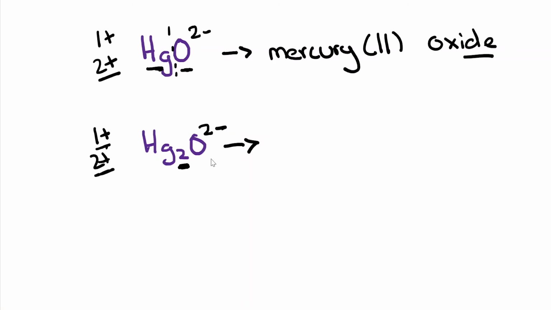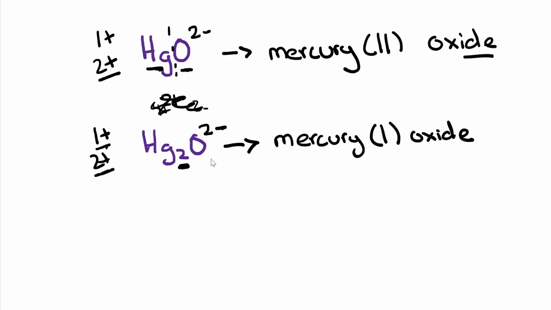Because if you had the 2 plus, you'd have a 4 plus charge and a 2 minus charge, which gives you an overall 2 plus charge. The compound's supposed to be neutral. So if we have 2 1 pluses, that gives you a 2 plus in total, which balances it out and makes the overall compound neutral. So if you were to name this compound, it would be mercury 1 oxide.